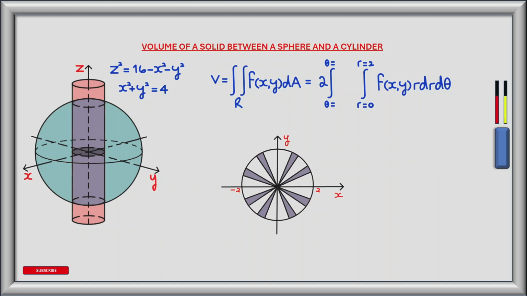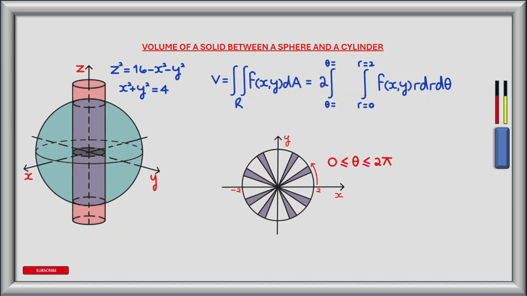By summing each of the infinitesimally small sectors, we get our total volume as we multiply the area by a height function. We do this by integrating beginning at theta equals 0 and ending at 2 pi radians. Now we understand the region as we rotate about theta, we can define the limits of integration of the outer integral. The lower limit starts at theta equals 0, and the upper limit is where theta equals 2 pi radians.